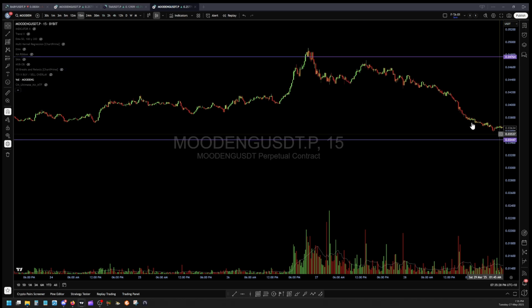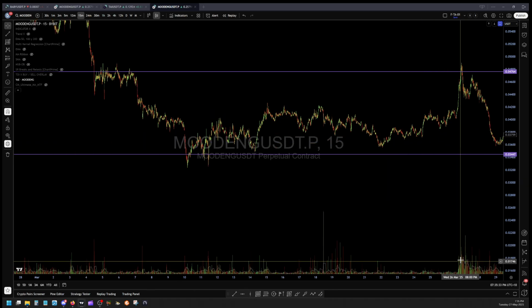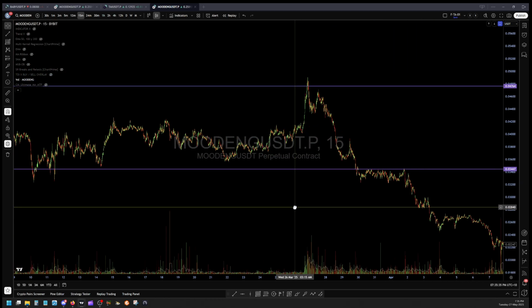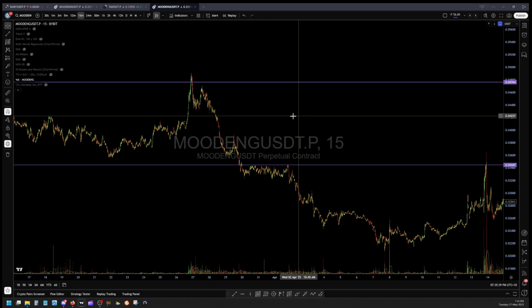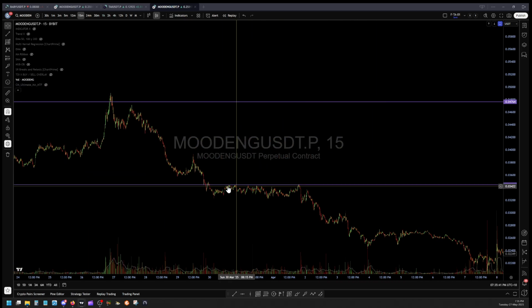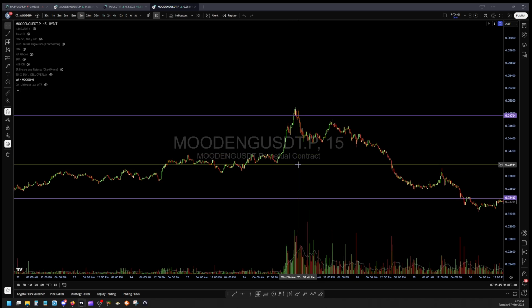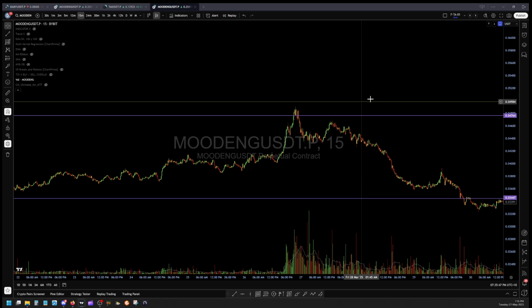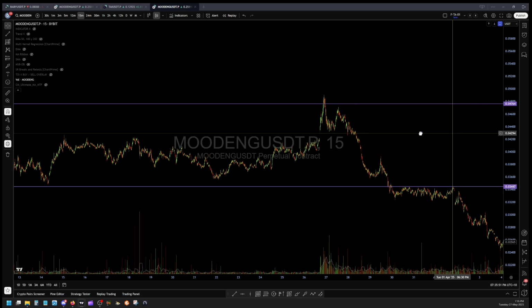But I guess it just wasn't enough. When you zoom in, it looks kind of bigger, but it wasn't sustained, and obviously it didn't make it. So you should never really trade breakouts. Maybe you could trade the retest, if it went up pretty good and then came back down and tested it like it did over here.